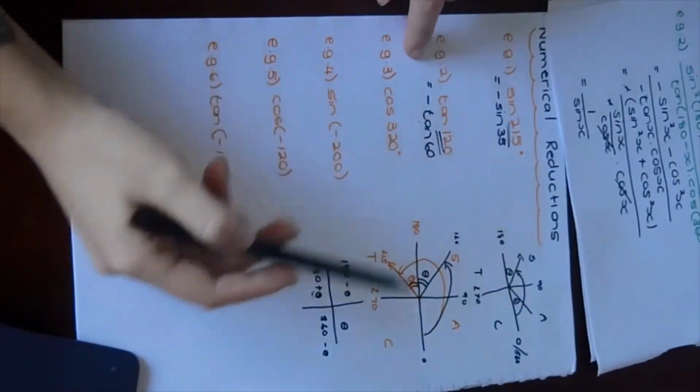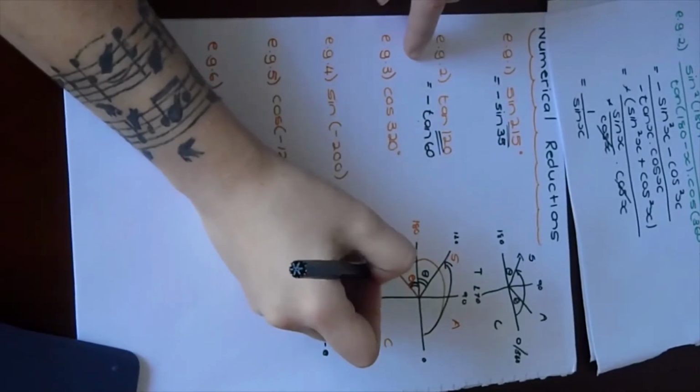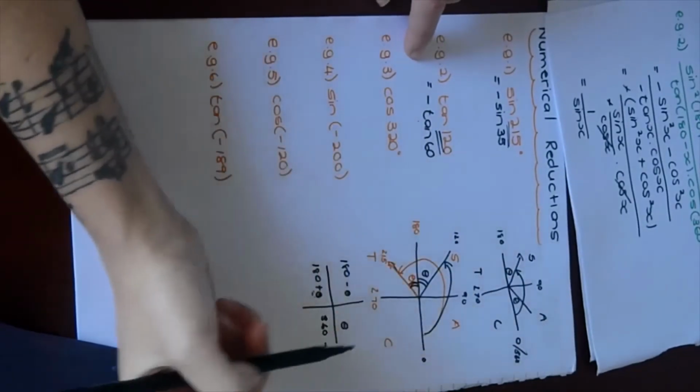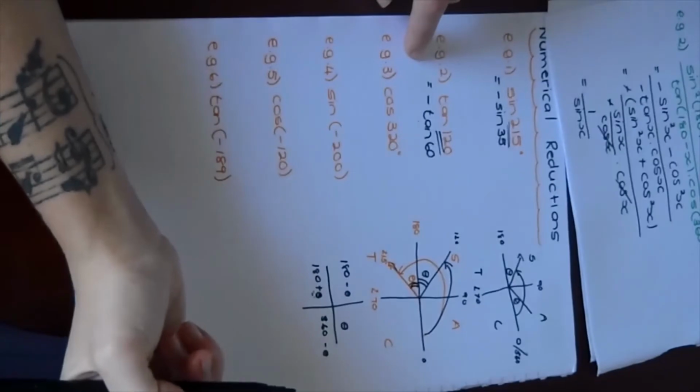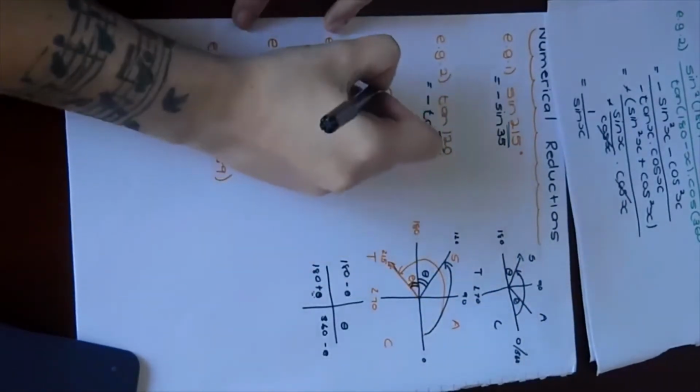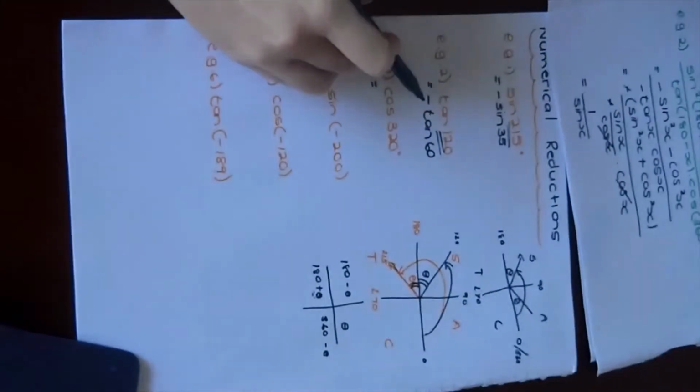But with this one, you're actually trying to get the angle between the line and the x-axis. They've given you a numerical value. Alright, next. And by the way, you can use your special triangles to simplify that further.